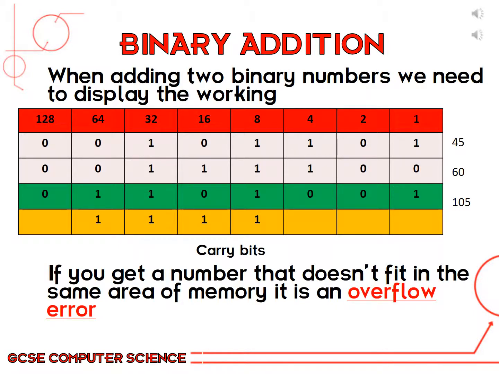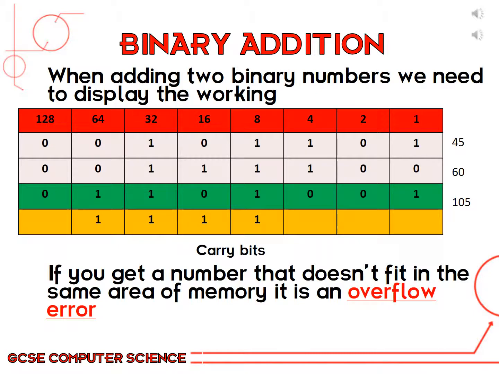Then what you've got to do is add up all the 1s in the columns. So 1 plus 1 plus 1 from the carry bit is 3. 3 in binary is 1, 1, so you put 1 in and then carry the 1 across.